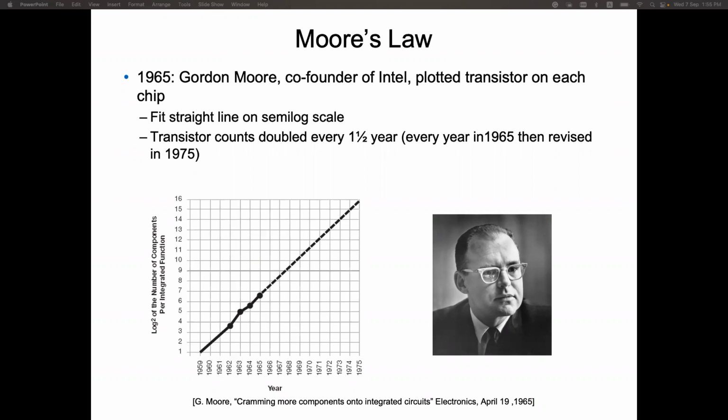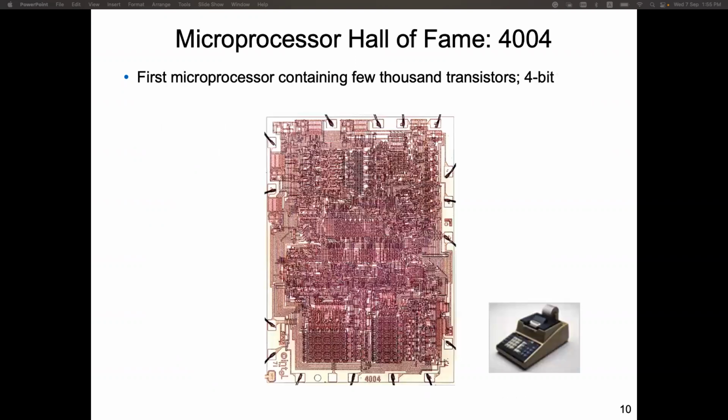And so let's see some key milestones in the development of a digital processor, the central processing unit, CPU. The first CPU or microprocessor is Intel's chip called model 4004. This chip diagram is shown here.